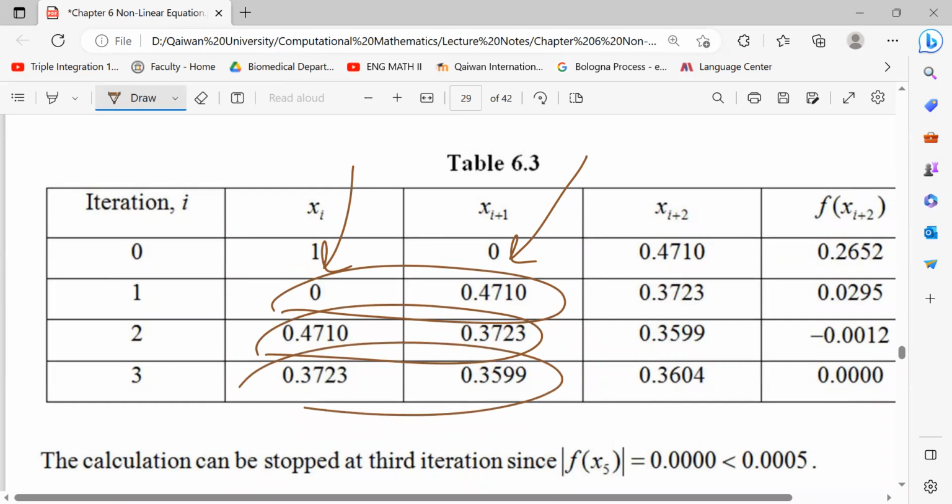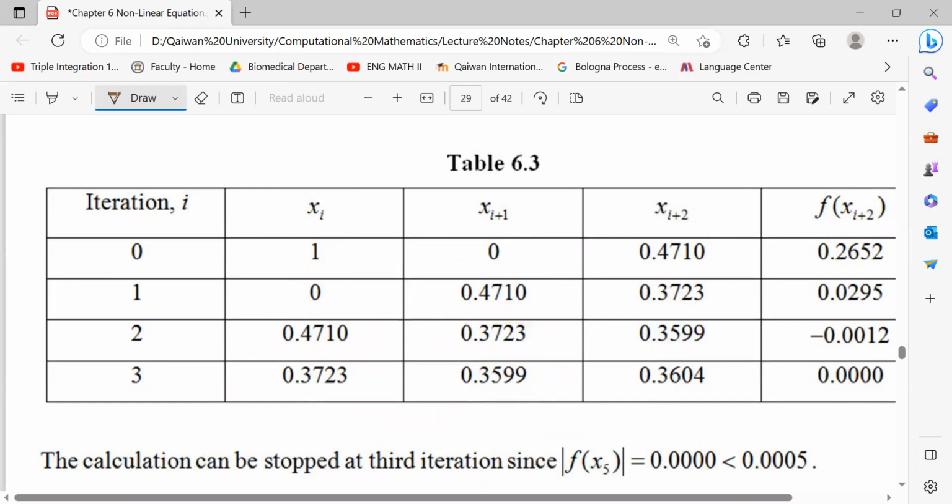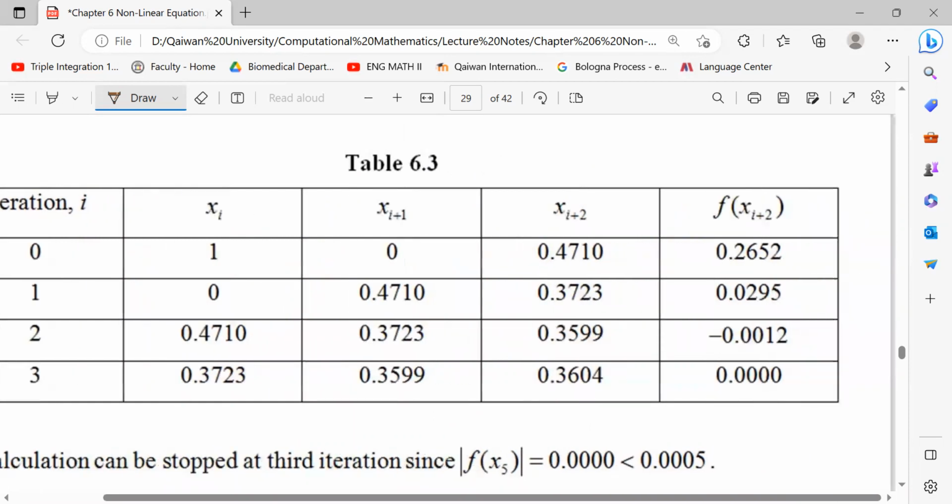We have these iterations. So after 4 iterations, which are iterations 0, 1, 2, and 3, we get that f of x i plus 2, f of the new x that you found, is less than 0.0005.